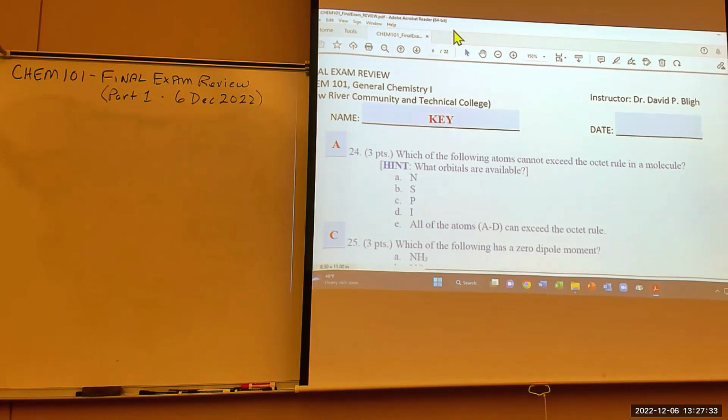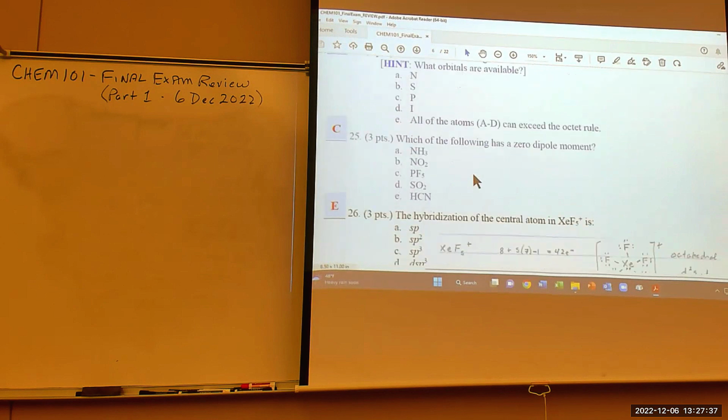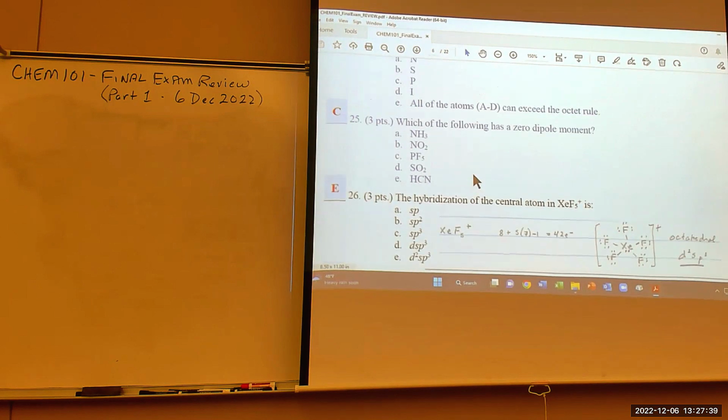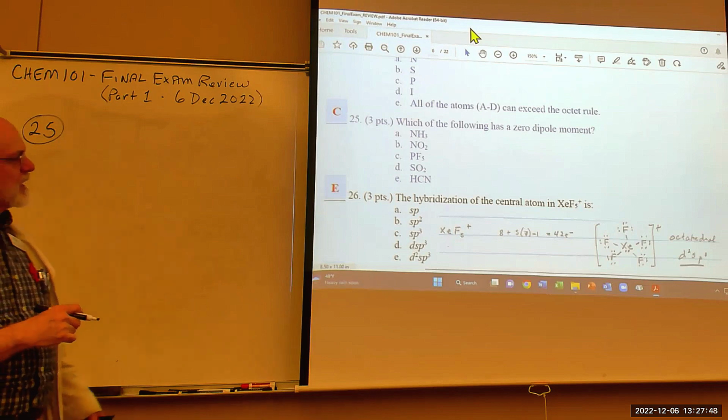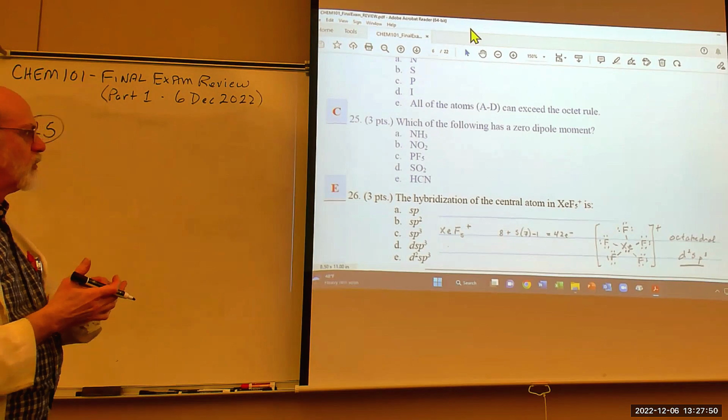26. Which of the following has a 0 dipole moment?